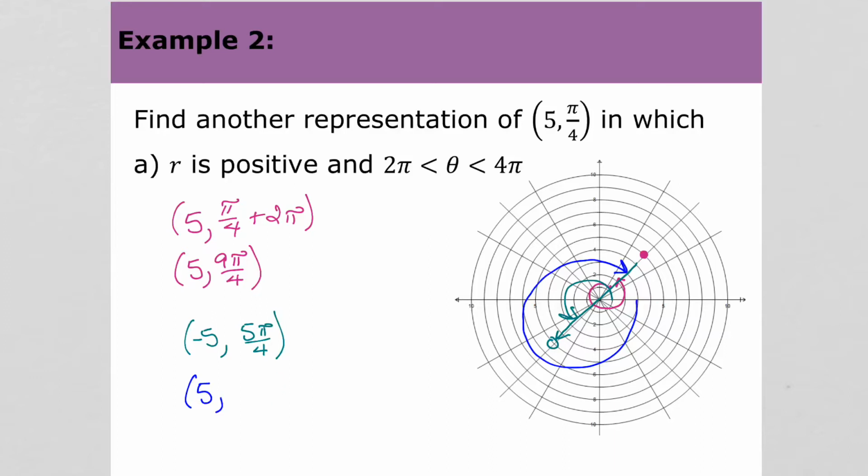So that would be pi over 4 minus 2 pi, or negative 7 pi over 4. So there's 3 ways you can use a different representation for the same point.